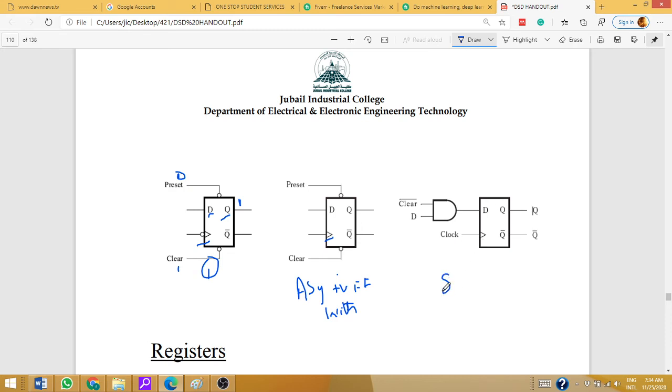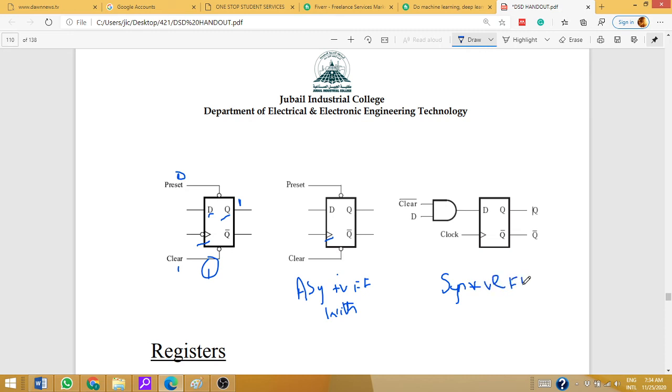See, this is synchronous. Why is it synchronous? Because you can see clear and everything here, it is depending upon clock. So it is a synchronous positive edge trigger flip flop.